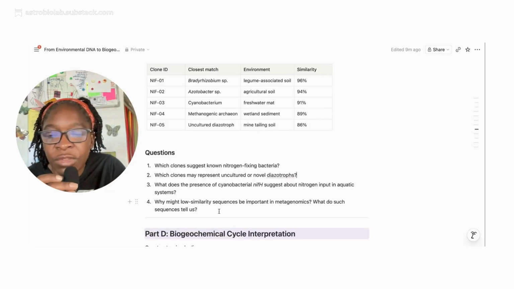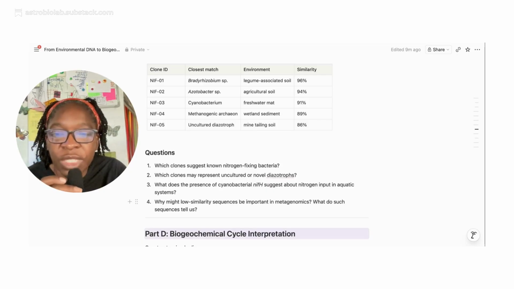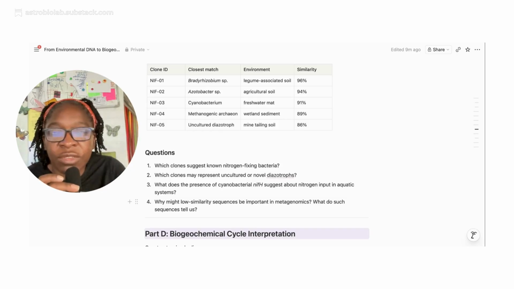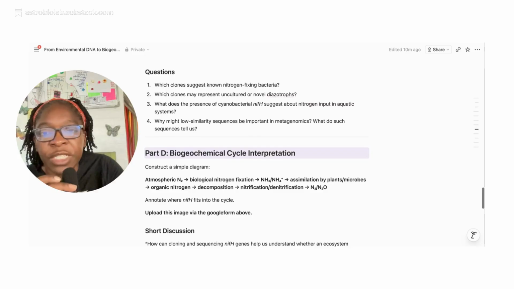But low similarity sequences could tell you something like maybe a different way of doing the same job. So you could have enzymes which are doing the same job, but they represent something new. There's a whole bunch of reasons why that could be. So your job is to think about that one and offer me some explanations.